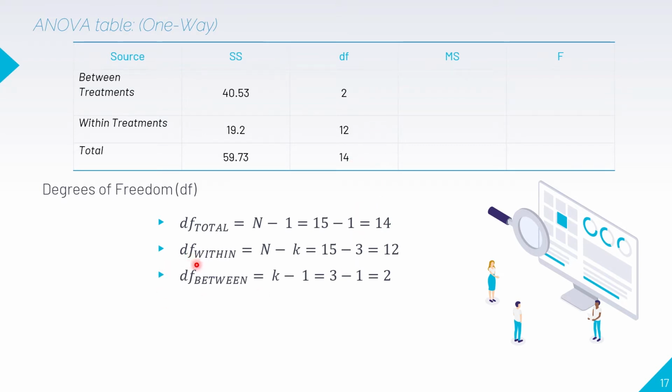In our df within, we have N minus k. So our k earlier is the categories. So we have 3. So N minus k is equal to 15 minus 3, which is equal to 12. And our df between is k minus 1. So our k is 3. So 3 minus 1 is equal to 2. So now we have our degrees of freedom.